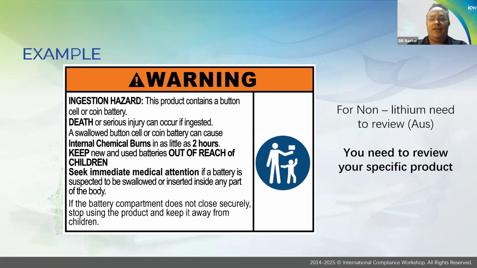And so that's what we've done here, is try to come up with something that for at least a lithium battery will meet the requirements of the US, the UK, can sell in Europe and Canada, although it would need to be in French in Canada, and meets the Australian requirements so long as it's a lithium battery.